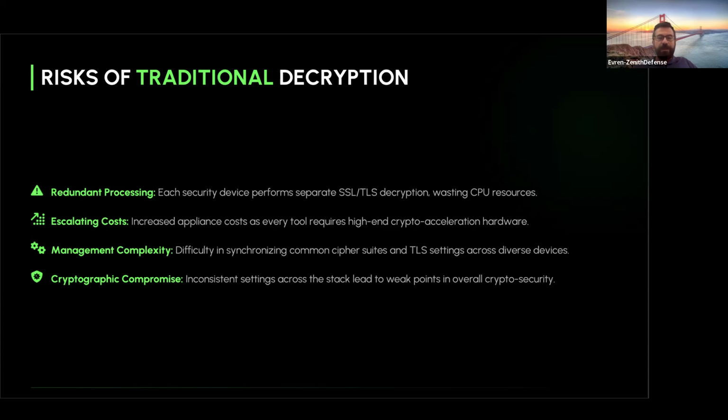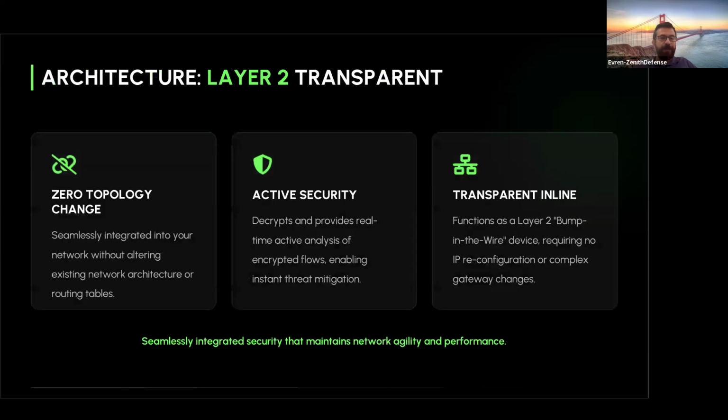If you do that, it will create another problem, because the higher algorithms and TLS sessions need huge resources. So for all of these reasons, it makes sense to decrypt somewhere and feed all of the appliances centrally.